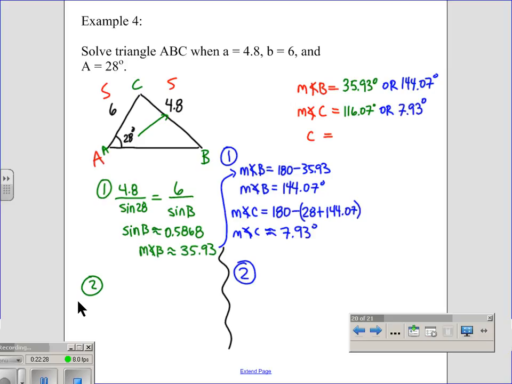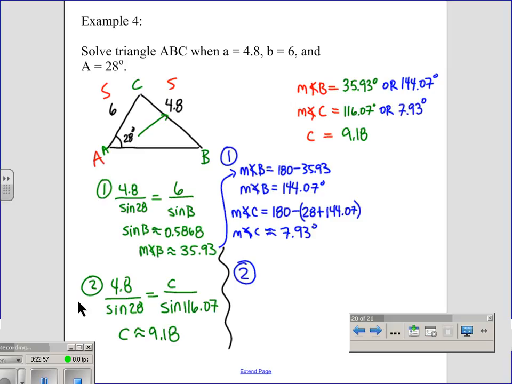Going back to my first example, to find c, I'm going to use 4.8 over the sine of 28 is equal to c over the sine of 116.07. I solve that equation and I find out that c is approximately 9.18.